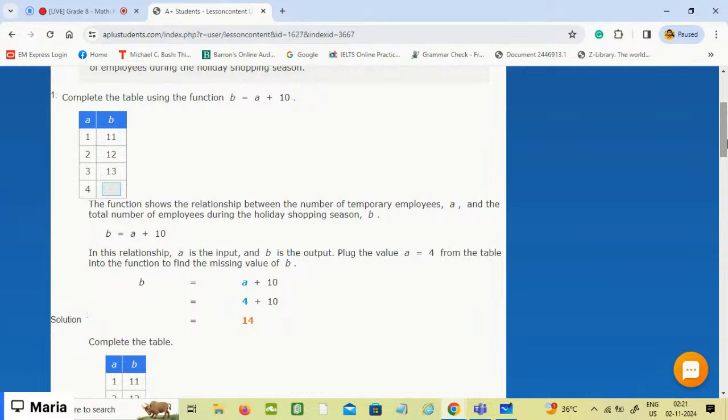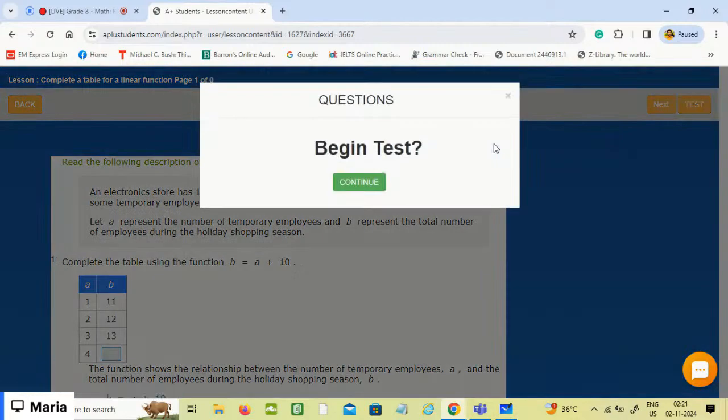So 4 plus 10 is 14. So b equals 14. Let's just start with the test questions.